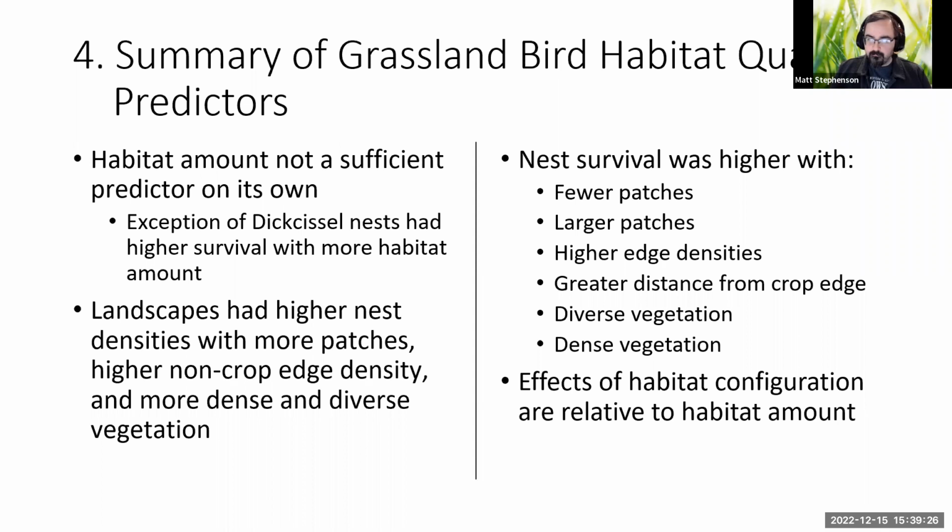And we found that nest survival was higher when there were fewer patches, when they were larger, when there were higher edge densities, when nests were able to be placed further from a crop edge, and when there was more dense and diverse vegetation. We found that habitat configuration effects are indeed important even after accounting for habitat amount.